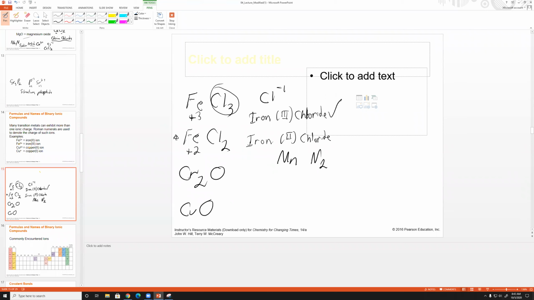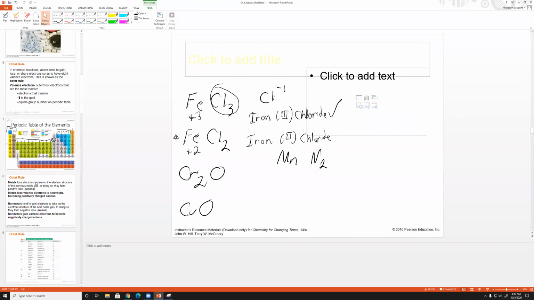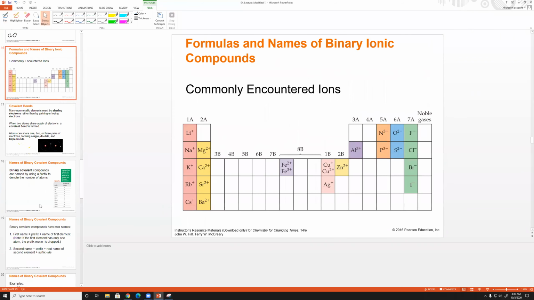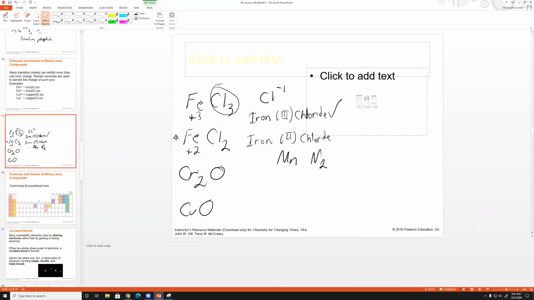Okay. Now let's do a little bit more complicated one. This one, Cr2O. Now, Cr is chromium. Any guesses? Chromium 2 oxide? Close, I like the thought.